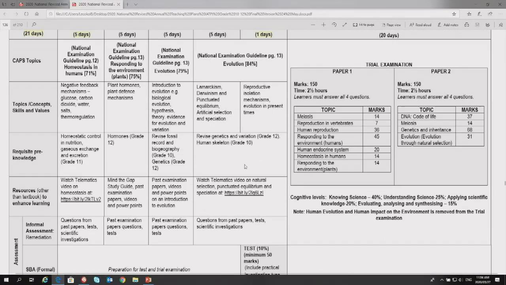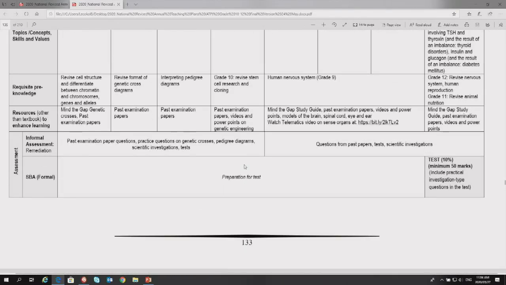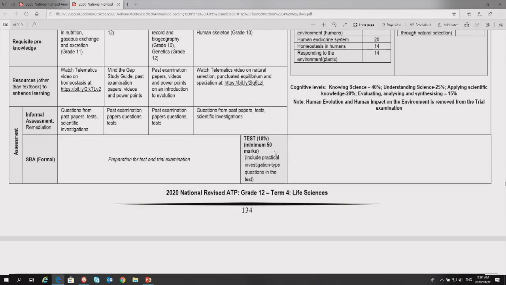Just back to assessment quickly. In the second term, there will now be a test. And here you see in the third term, there will also be a formal test, minimum 50 marks. And look in brackets: include practical investigation type of questions also in the test. Because remember, the practicals and the assignment have been removed.